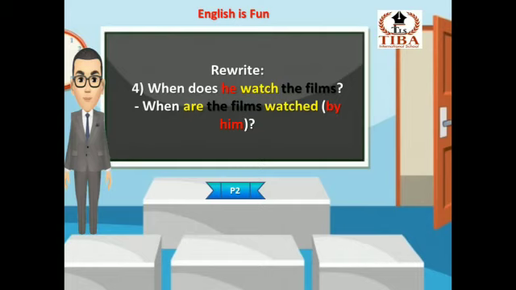Then the verb watch becomes watched because it's a regular verb. Then we may put by him at the end before the question mark. So it becomes, when are the films watched by him?